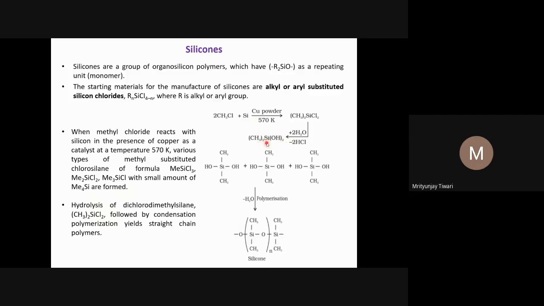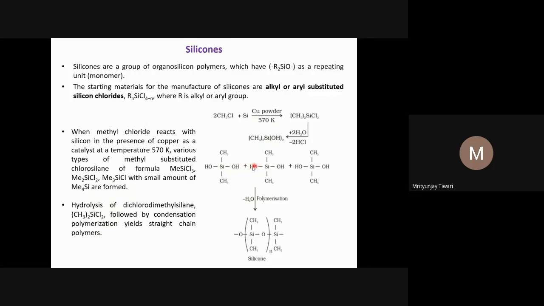On polymerization, four molecules of dihydroxodimethylsilane are shown here. When this is polymerized, we see the removal of water molecules and the formation of the Si-O-Si bond.